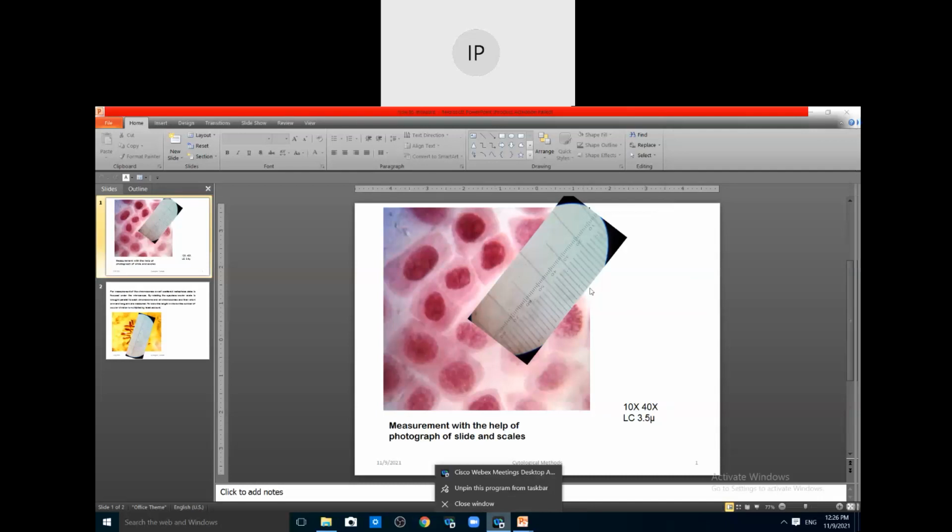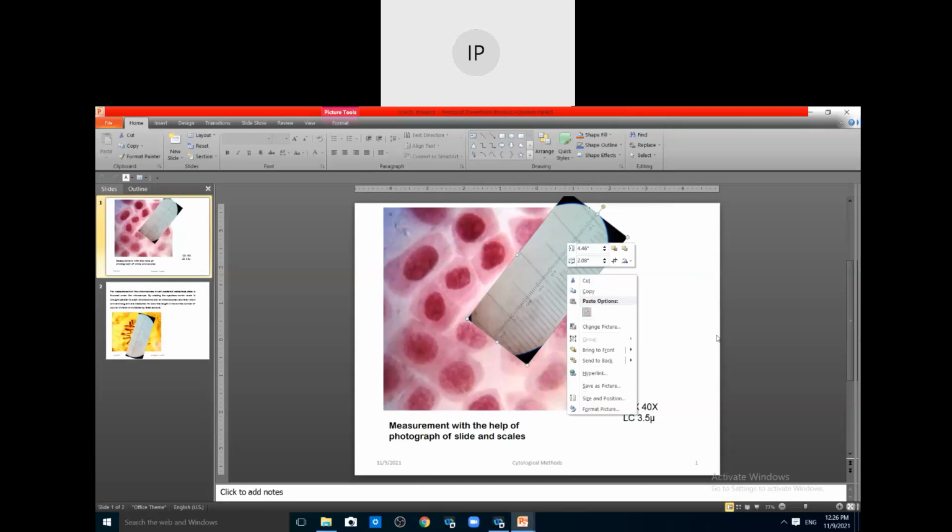Now with the help of these two slides, it can be shown how measurement can be done.